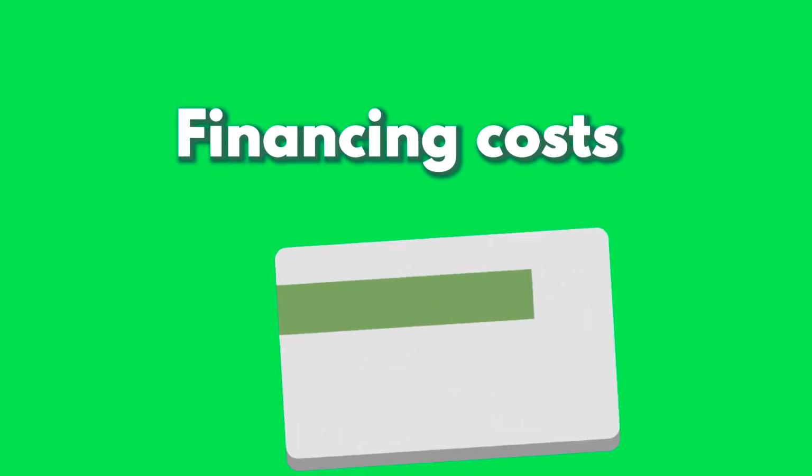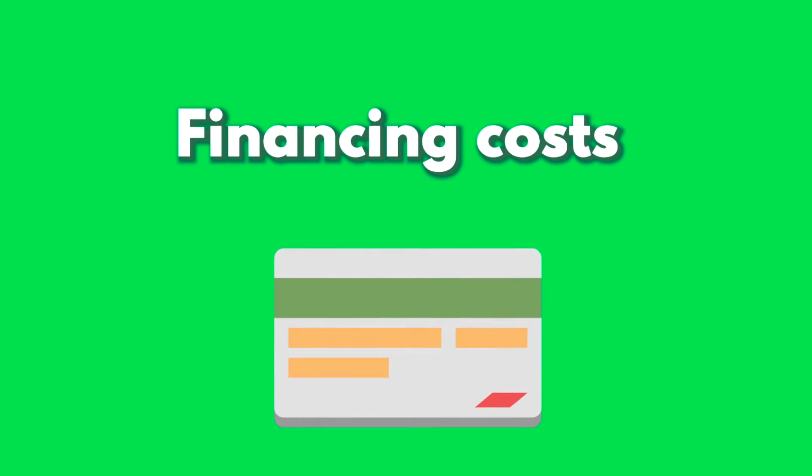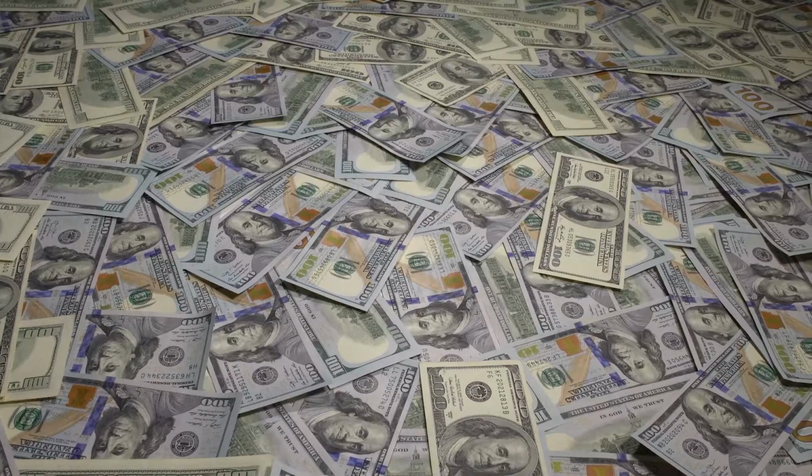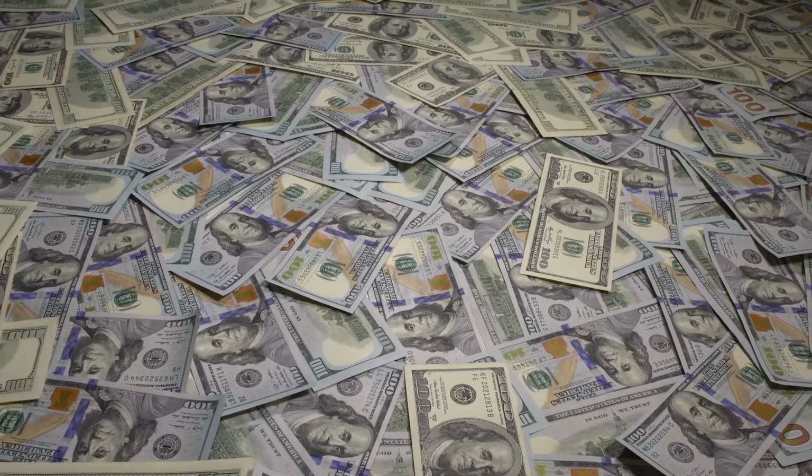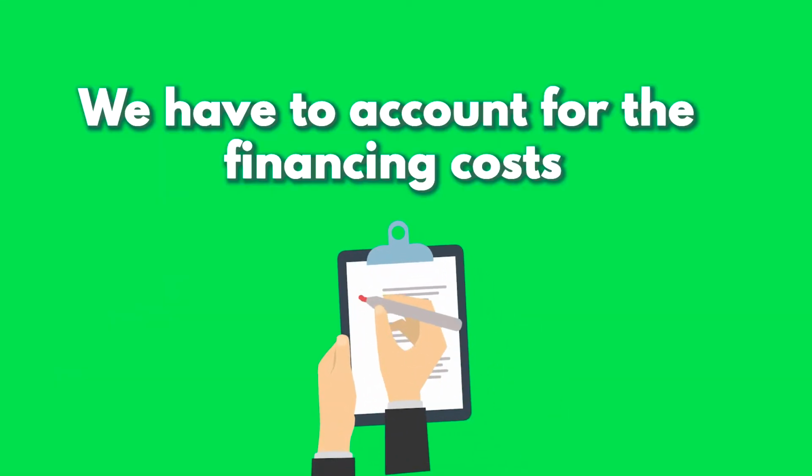Starting with number one, and probably the biggest one, is financing costs, right? Now, unless you're straight up buying properties in cash, and that could be you live in a super cheap market, or you just have a boatload of cash, right? Then this is probably not going to be as relevant for you. But for the majority of us that are financing our deals with banks or hard money loans or whatever, we have to account for the financing costs, right?